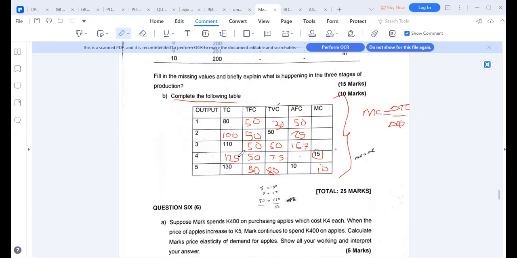Okay, then again, 4 into that one, what do we get? 1, remainder what? 1, 4, 5. So we're done with this column.